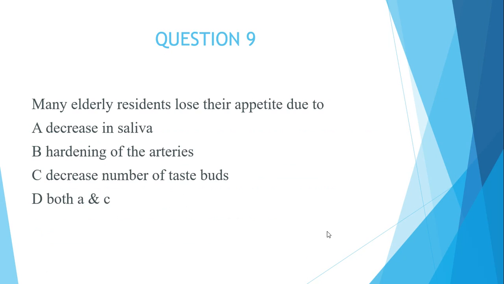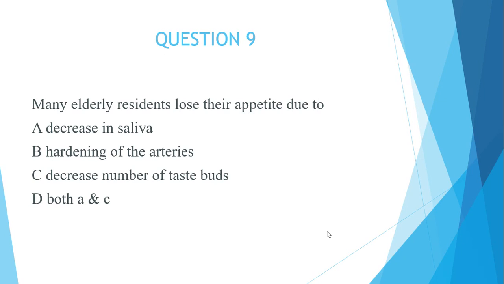There is a decreased number of taste buds. This appetite doesn't have anything to do with the arteries. And because the saliva production is reduced, it makes it hard for the elderly to even chew hard things like crackers.